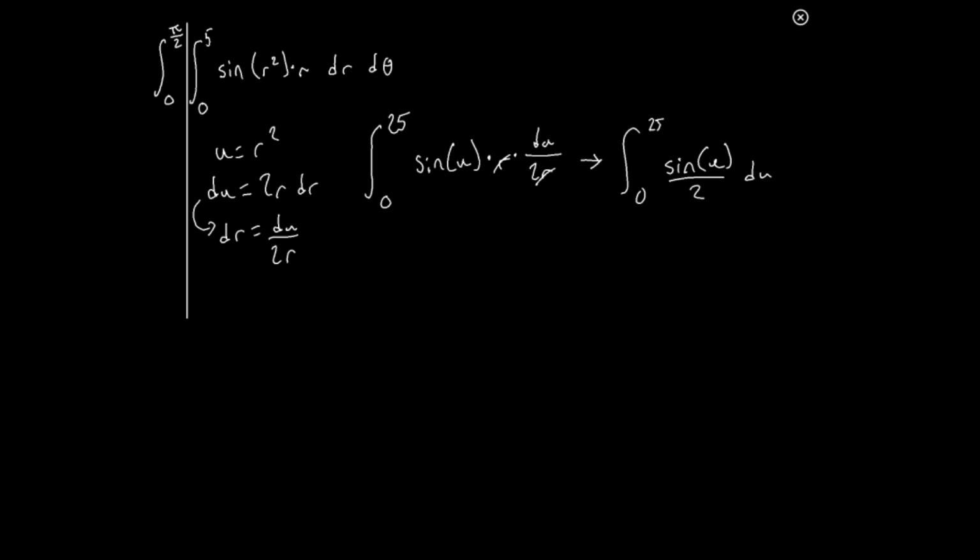Okay, so the integral of sine of u is just negative cosine of u, right? And since the 2 on the bottom is just a constant, all that stays the same.